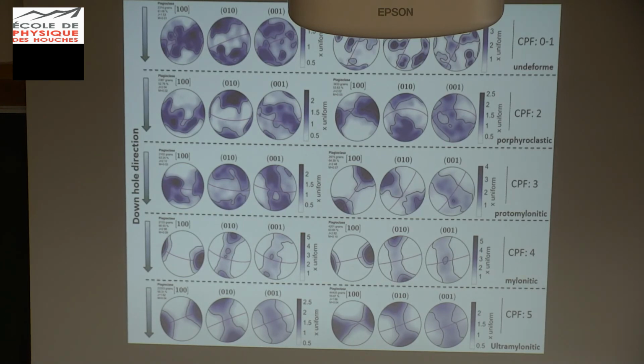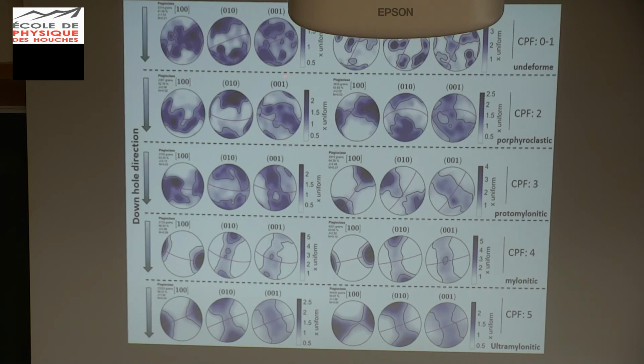So here is a summary of all the CPO and associated microstructures from undeformed at the top to the highly deformed ones at the bottom. Keep in mind that the downhole direction is toward the bottom. So all the variations you can see in the CPO in pole figures here are downhole variations.